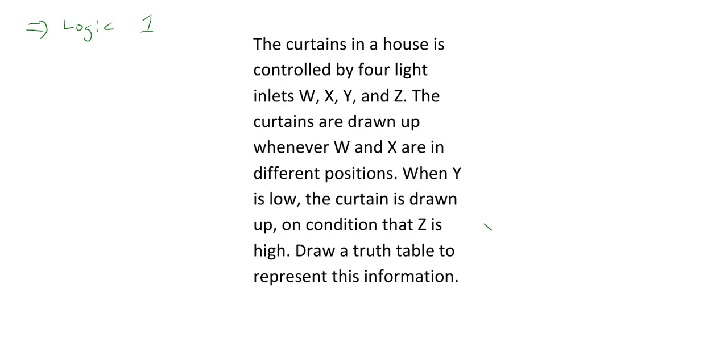When we are told that we have 4 light inlets, these are inputs, which means we consider 4 inputs in our truth table. Again, when we are told that W and X should be in different positions for the curtains to be drawn, it means that they should possess different logic levels.